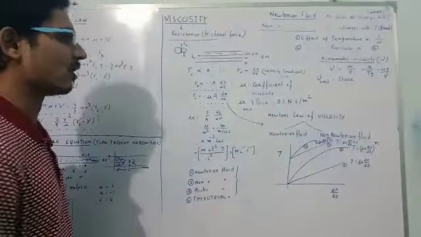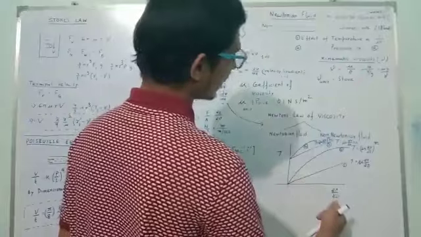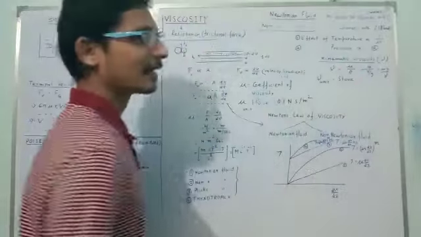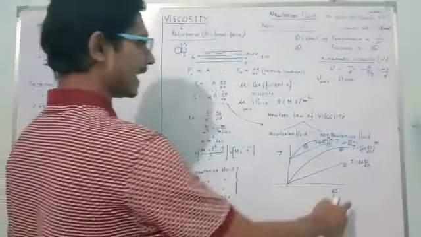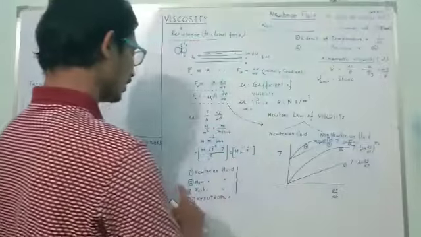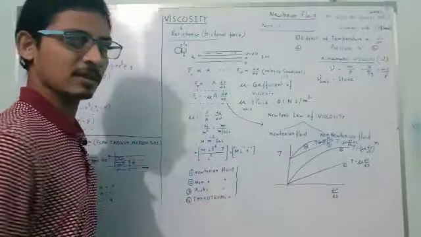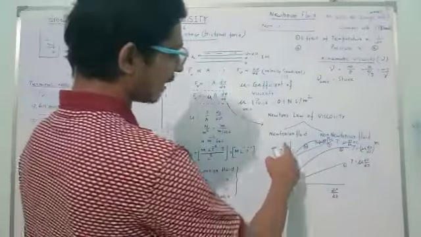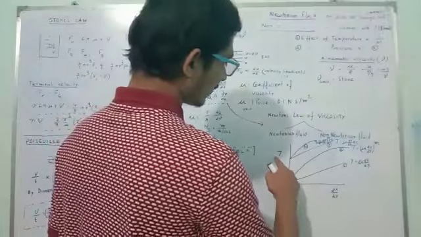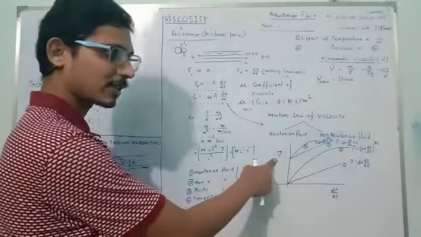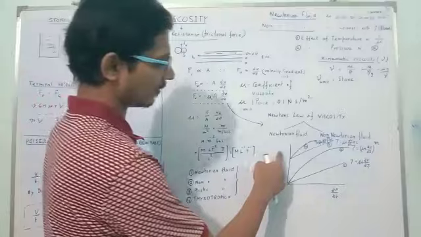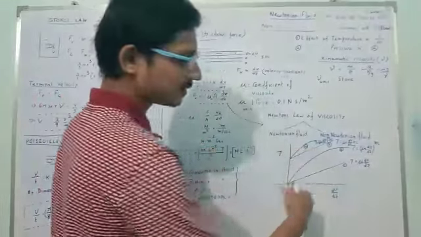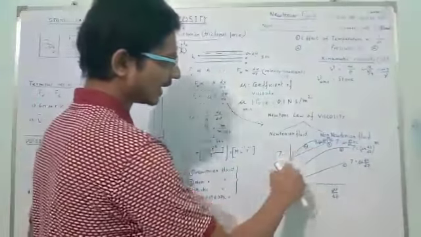In that case, the graph of tensile stress against velocity gradient will look like a parabolic curve. Those fluids are called non-Newtonian fluids. In some fluids, the graphical representation of tensile stress with dv by dz will look like this.